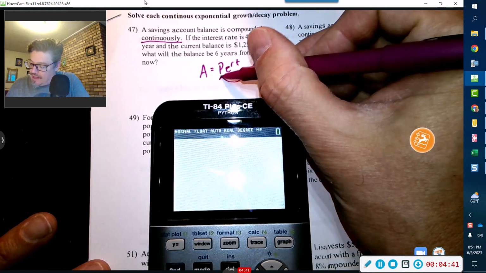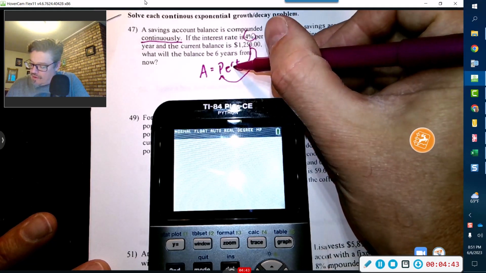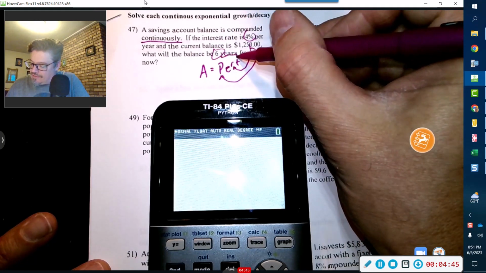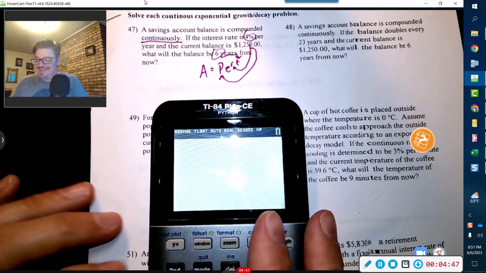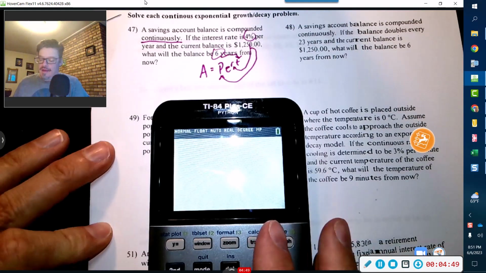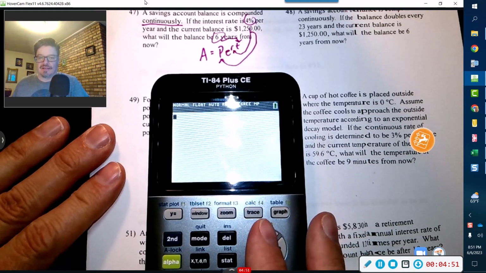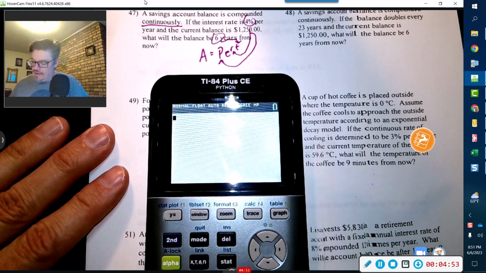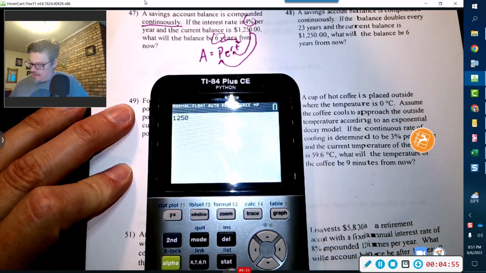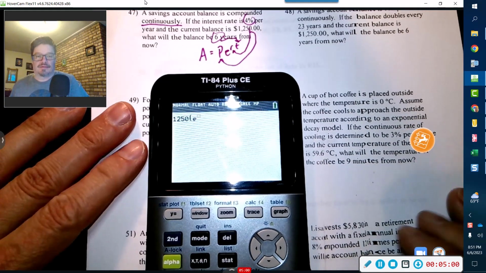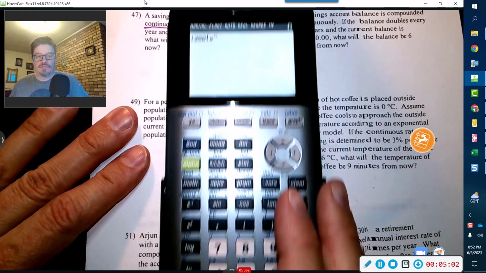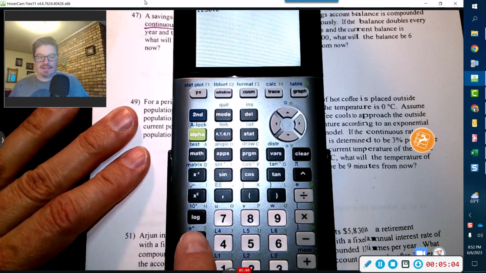There's our P, that's our R, and then we have 6 years for the T. We're going to plug it in as we see it, but remember that 4% is 0.04. So we take 1250, and then we get our e to the x button, which is right here.